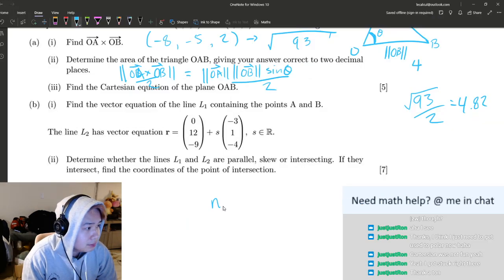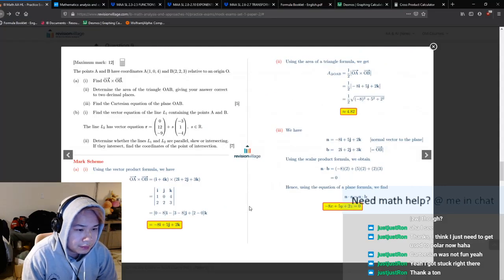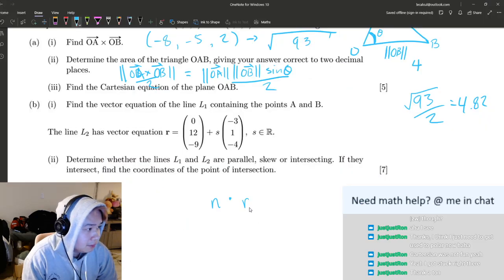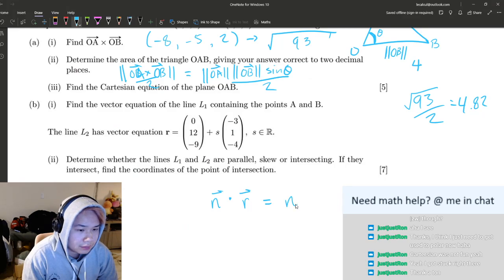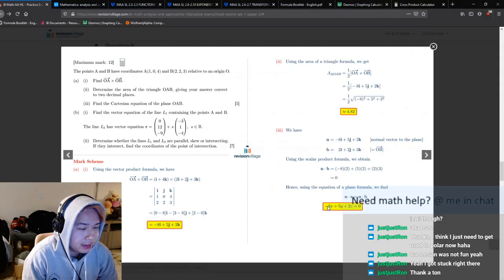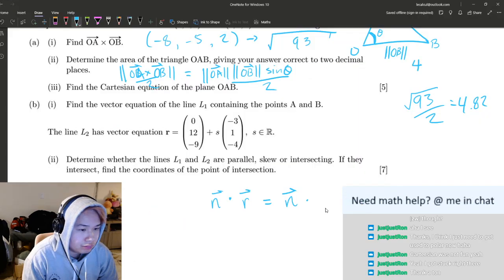is the normal dotted with some generic vector. And then this needs to be equal to the normal dotted with a location vector on the plane, which is just like OB.